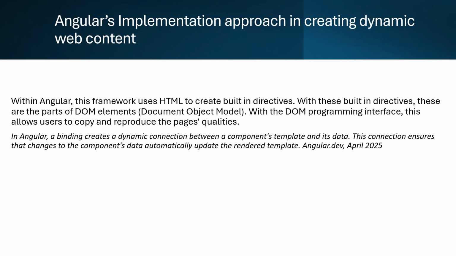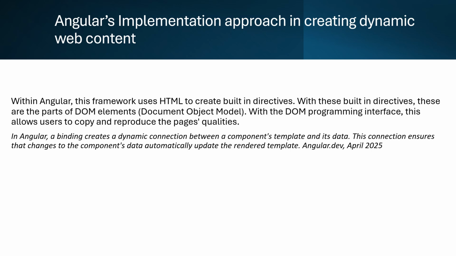Within Angular, this framework uses HTML to create built-in directives. These built-in directives are parts of the DOM elements. DOM stands for Document Object Model. The DOM programming interface allows users to then copy and reproduce these pages' qualities.